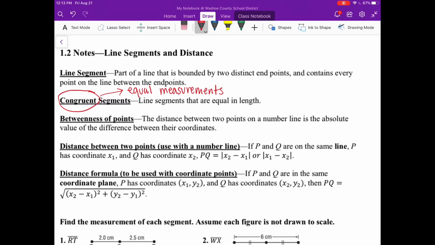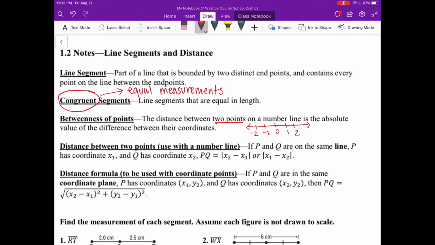Okay, the betweenness of points is the distance between 2 points on a number line, and it's the absolute value of the difference between the two coordinates. So we're going to have an example here soon where I have a number line, for example, like -2, -1, 0, 1, 2.